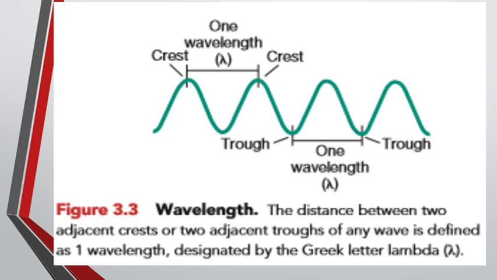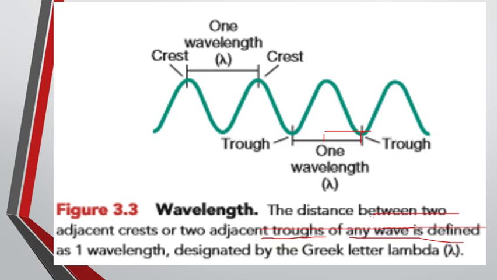The wavelength is the distance between two adjacent crests. One crest is here, the other one is here, and between these two crests is the wavelength. The distance between two adjacent crests or adjacent troughs of any wave is defined as wavelength, designated by the Greek letter lambda.